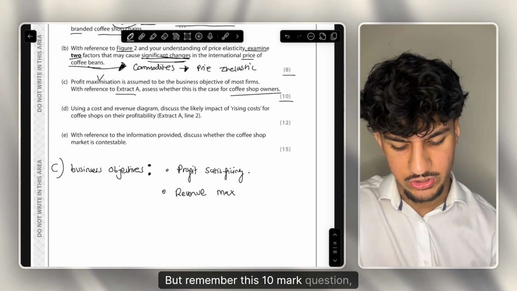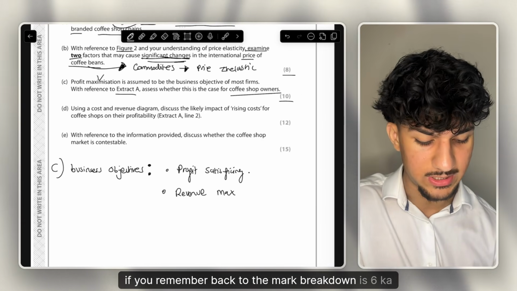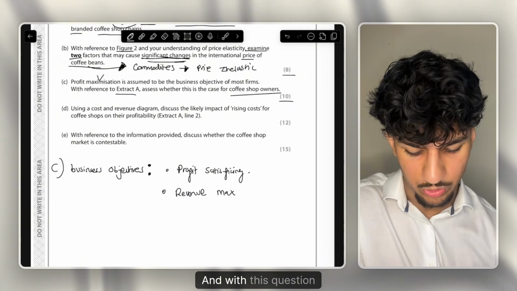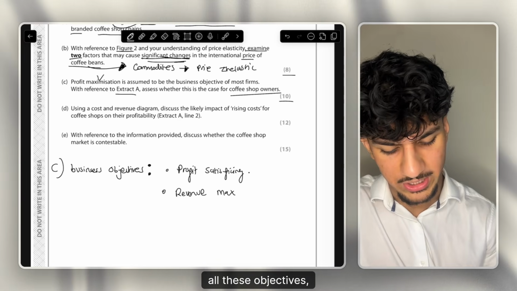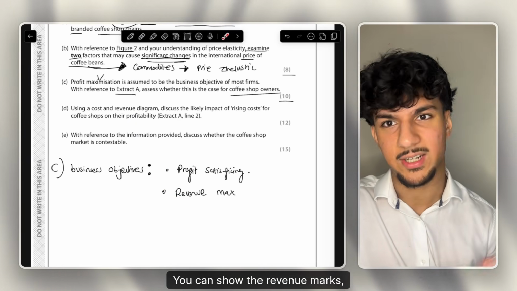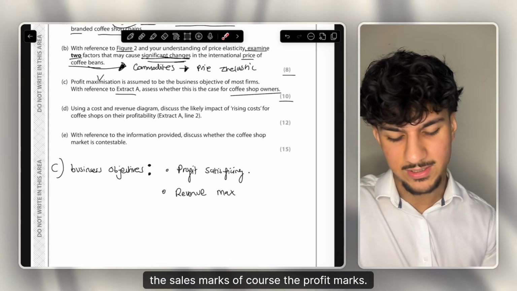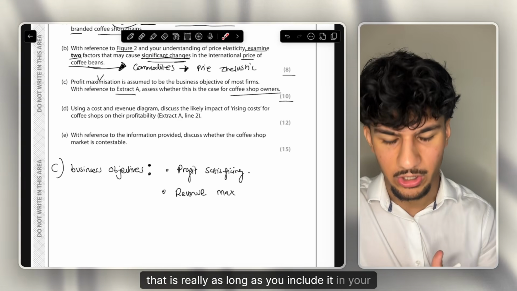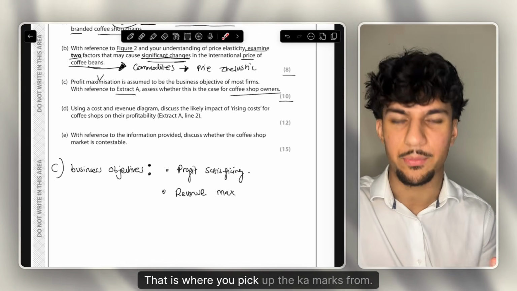But remember, this 10-mark question, if we remember back to the mark breakdown, is 6 KAA marks and 4 evaluation marks. And with this question, all these objectives, what diagram do they relate to? That monopoly diagram. You can show the revenue max, the sales max, of course the profit max, and as long as you include it in your analysis, that is where you pick up the KA marks from.